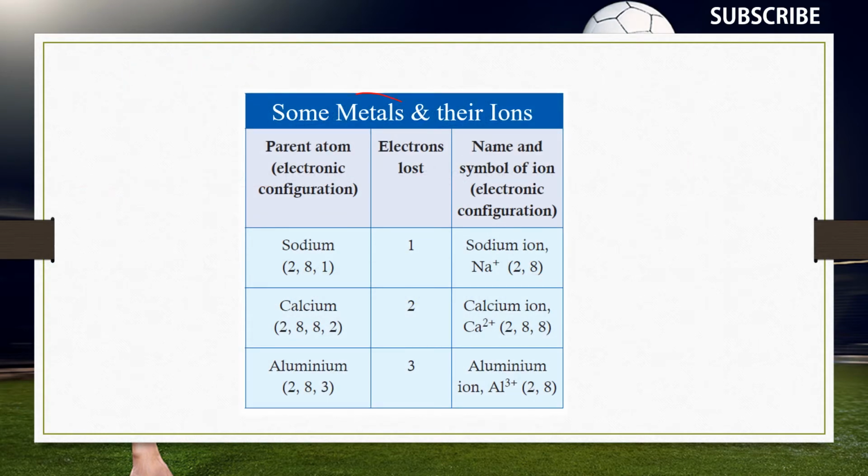So how do metals become charged particles? In this case we have sodium. The electronic configuration of sodium is 2, 8, 1, meaning that sodium has 11 electrons. And for this sodium atom to have 11 electrons, it must also have 11 protons. However, sodium will lose 1 electron under the column of electrons lost. The electron it will lose is this outermost electron, and then it will have 2 energy levels, which is 2, 8.